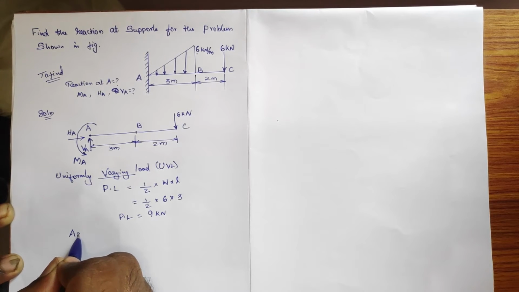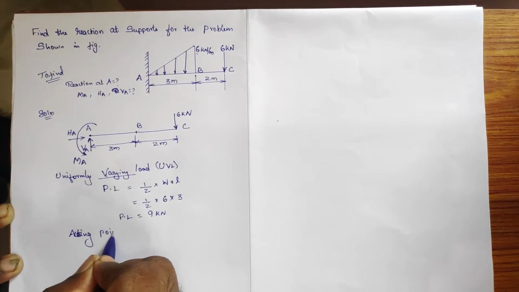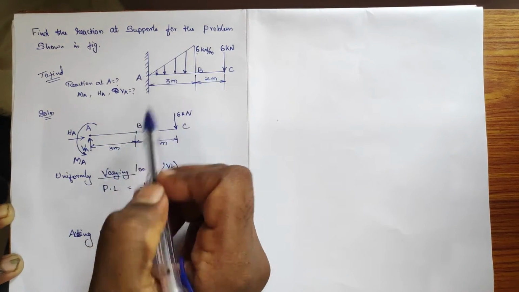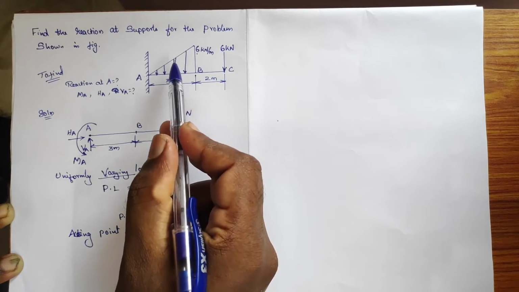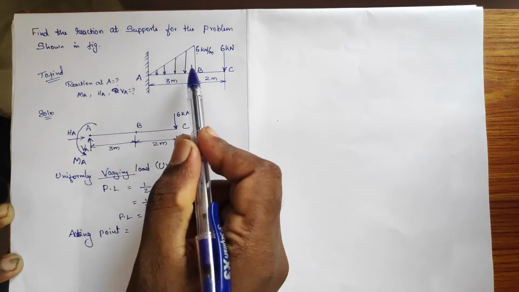And the acting point can be identified here. For a UDL, it acts at the mid of its span. Here it is not like that.